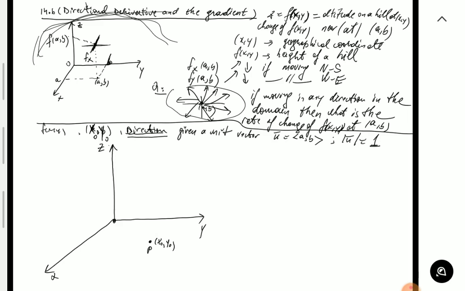And here's the thing. We're going to exaggerate a little bit the size of these segments. When we compute the derivative, remember, we're looking at a small change from P in the direction of u, because we're going to have to take a limit of a difference quotient. Now remember, in Calculus 1, when you look at the definition of the derivative, you just take the point and then a nearby point, x naught plus h, and construct a difference quotient.